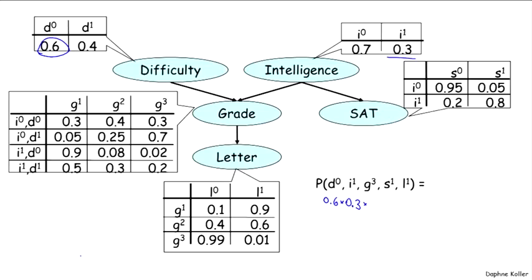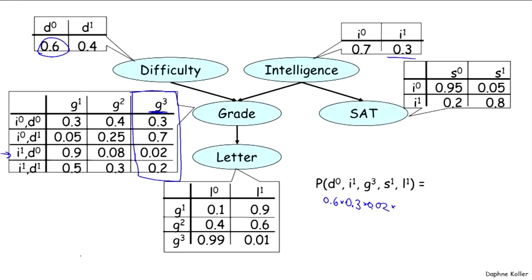What about the next one? The next one now is a conditional factor, and for that we need the probability of G3, so we want from this column over here. And which row do we want? We want the row that corresponds to D0 and I1, which is this row, so 0.02.